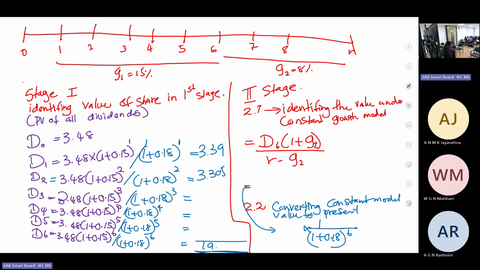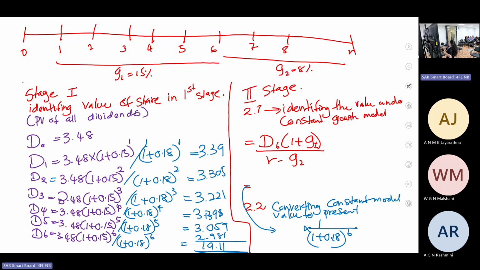Third 3.221. Fourth 3.139. Fifth 3.059. Sixth year 2.981. All together 19.11 or 19.0. That part is done.